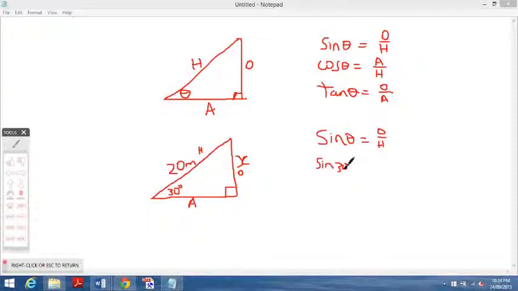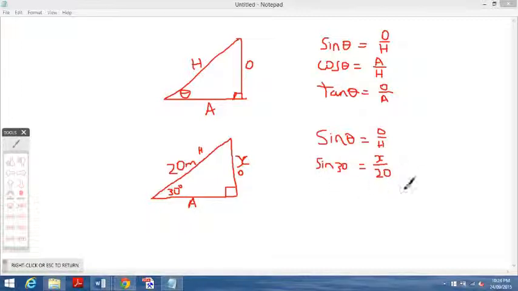So we write sine of 30 equals O, and what is O? O is x in this particular triangle. X is our opposite side, divided by H, and H is 20.